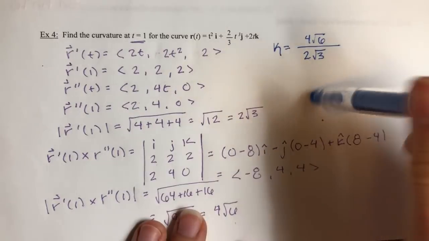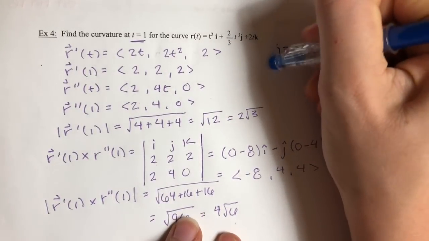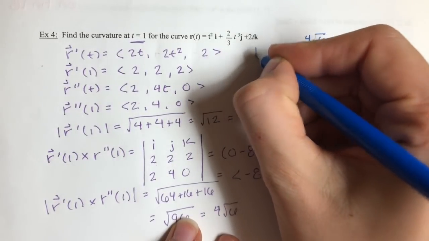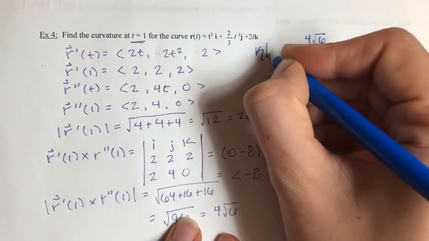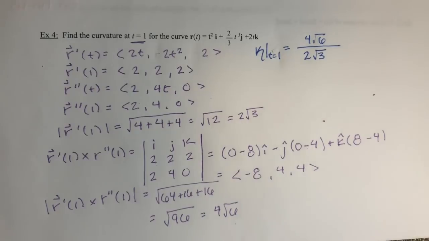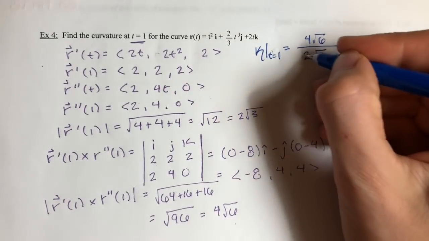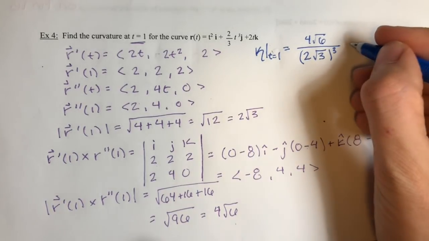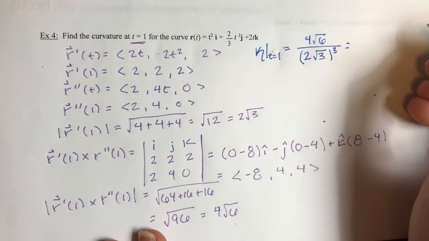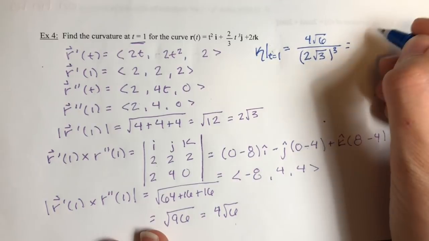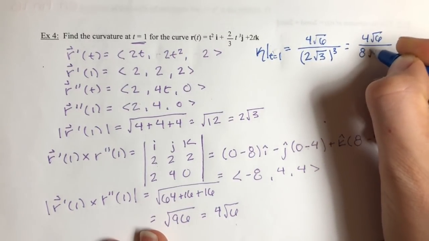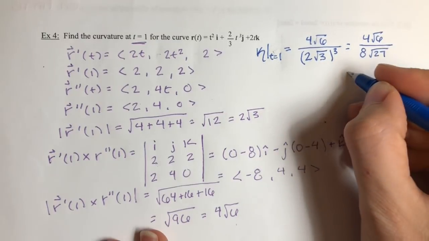Okay, and maybe I should use some better notation because this won't be consistent for the whole curve. So I'm going to say curvature when t equals 1. All right. Oh, and I forgot, this needs to be cubed. Okay, so you could leave it there, but maybe it's multiple choice. Maybe you want to simplify a little bit. I'll get 4 root 6 over 8 root 27.